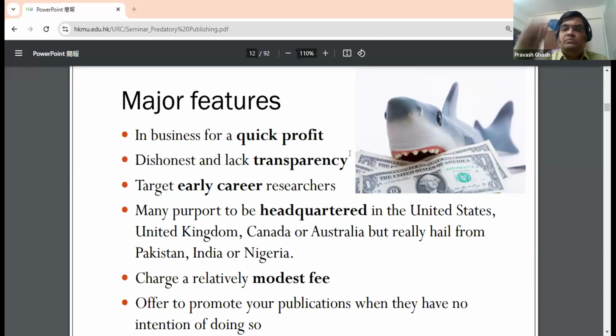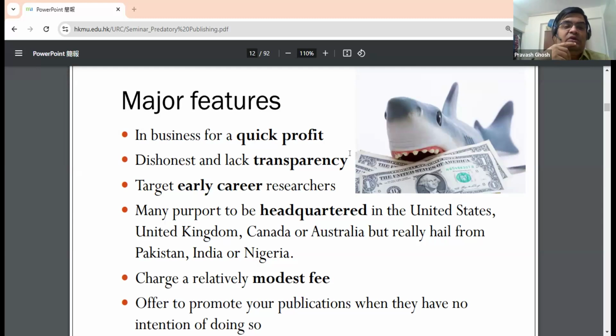I will show you some predatory journal websites. Yesterday, I showed you some top grade journal websites like A Star, Q1, Q2, benchmarking. You have seen how good those journal websites are, right? Today, I will show the reverse, a predatory journal where you will not find anything.